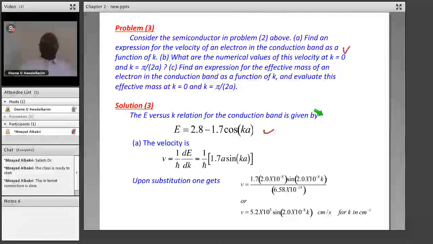If you take the derivative dE by dk, the cosine becomes sine, as you see here. And it's 2.8. The derivative of 2.8 is 0. So v, 1 over h bar dE by dk, becomes 1 over h bar 1.7 a sine ka.